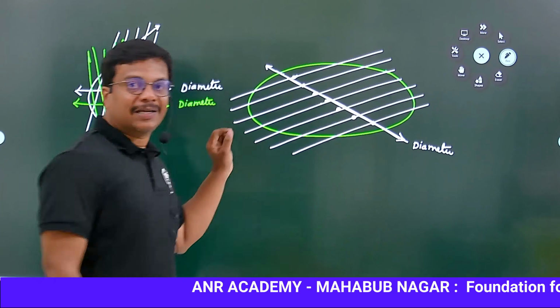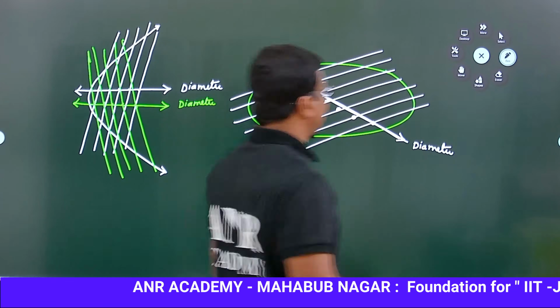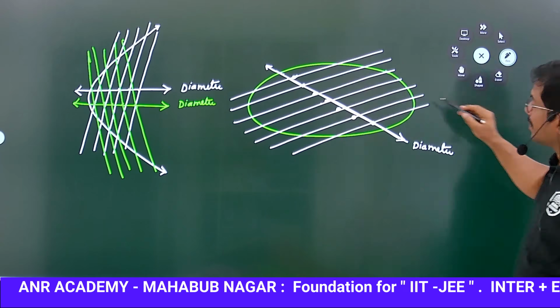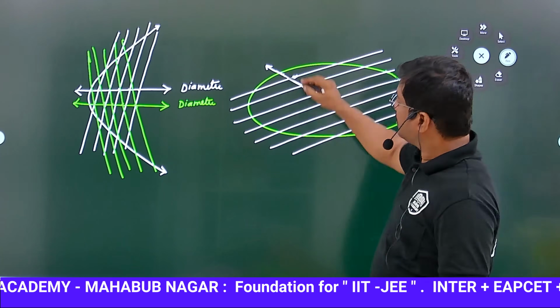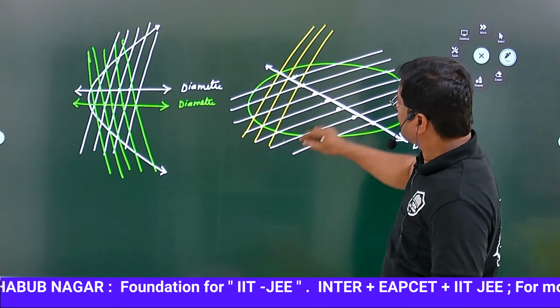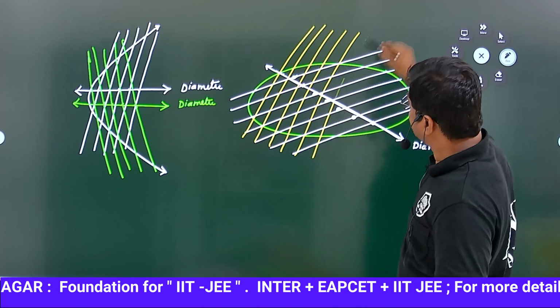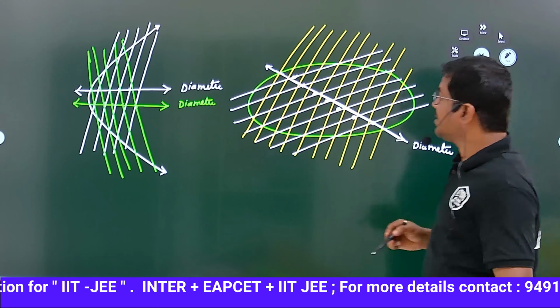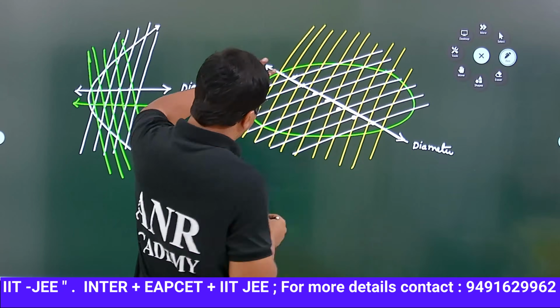Next, the next parallel family I am going to select. Suppose that these are parallel curves, and then select the path of middle points.